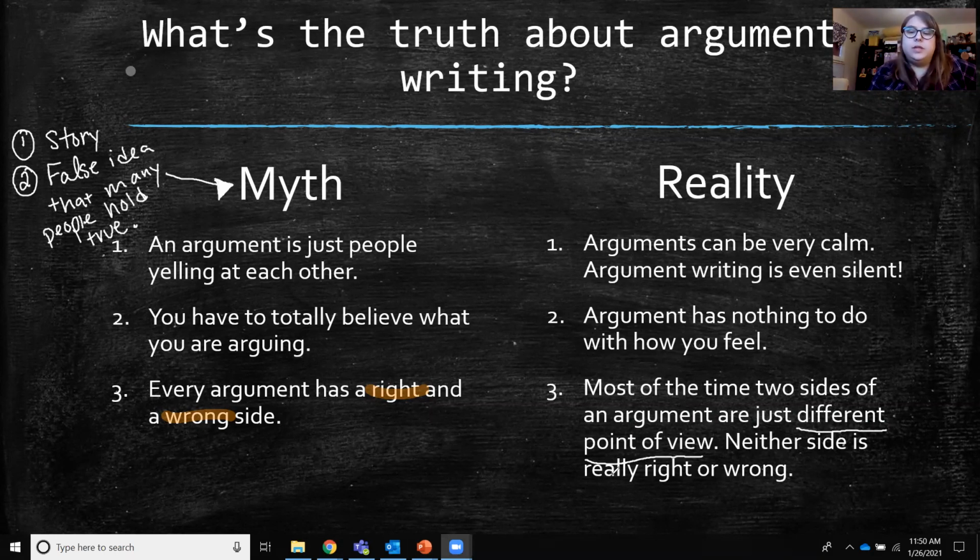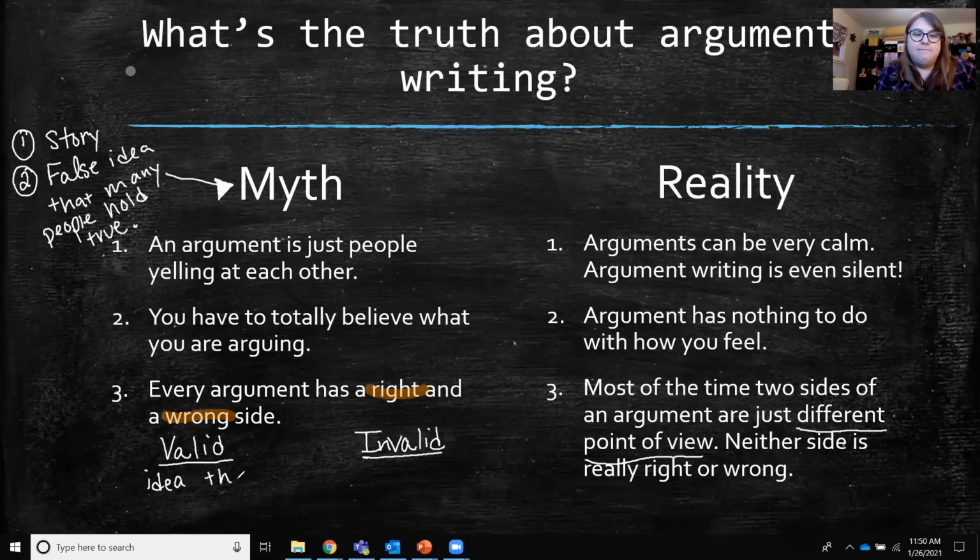What we really want to use instead of right and wrong are the words valid and invalid. When we talk about something that is valid, it is an idea that we can prove with facts, and it's going to be something that is well supported.